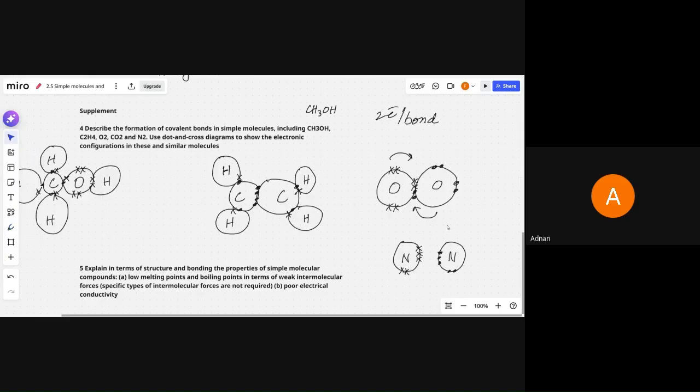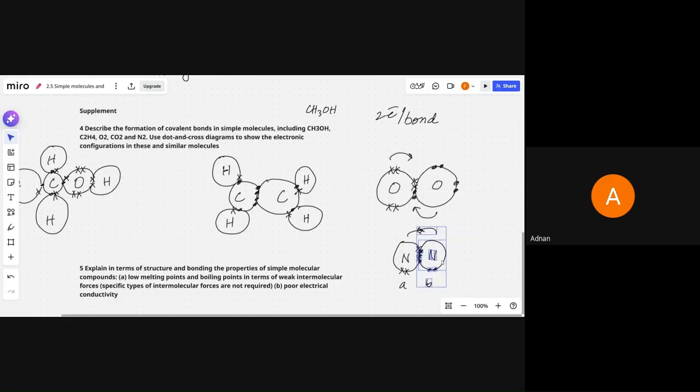Now 3 electrons will be shared by this nitrogen atom, so that this nitrogen can have a complete outer shell, and 3 electrons will be shared by this nitrogen atom, so that this nitrogen can have a complete outer shell. So now let me draw it.